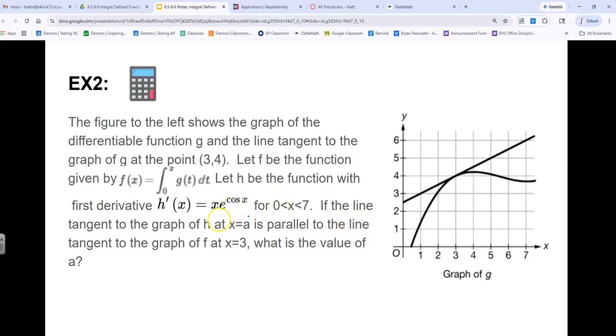If the line tangent to the graph of h at x equals a is parallel to the line tangent to the graph of f at x equals 3, what is the value of A?